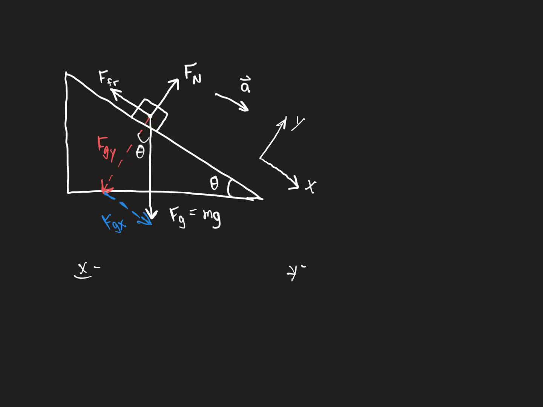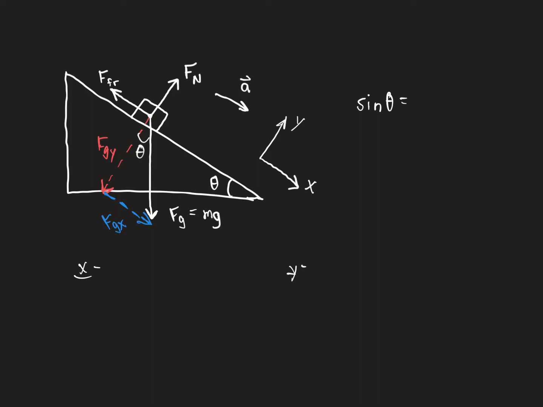Okay, so FGX and FGY. What is FGX in terms of FG and the angle? Do we need to see that? Let's work that out. Let's take this triangle and work it out from scratch. I can write all the trig functions for this triangle. Sine of theta in this triangle. Sine is opposite side over hypotenuse.